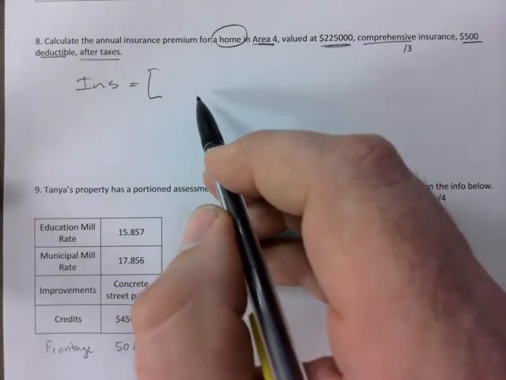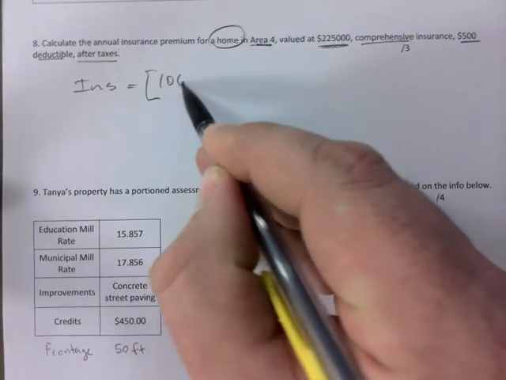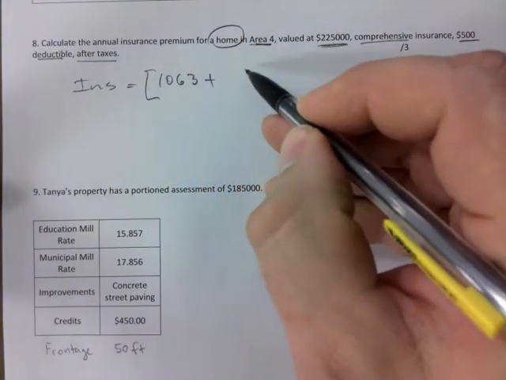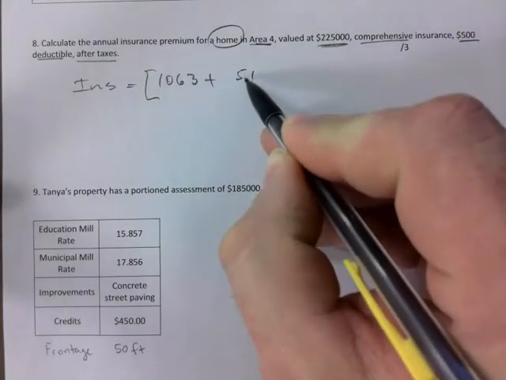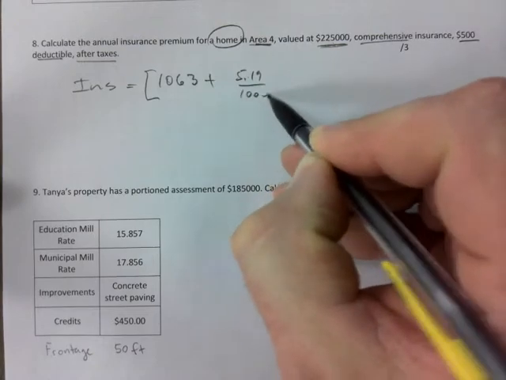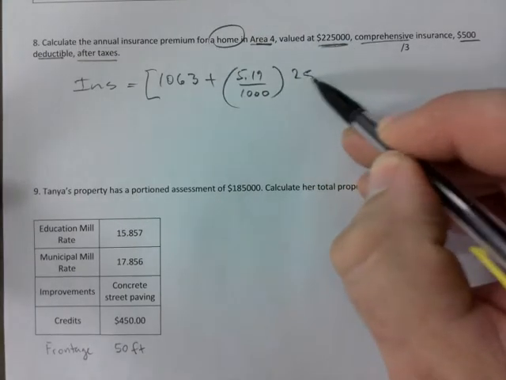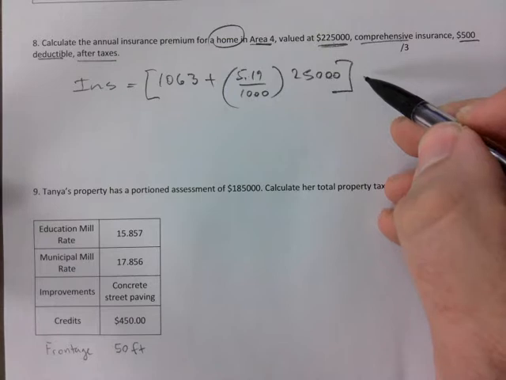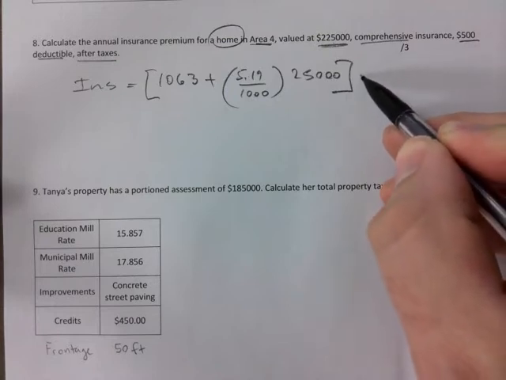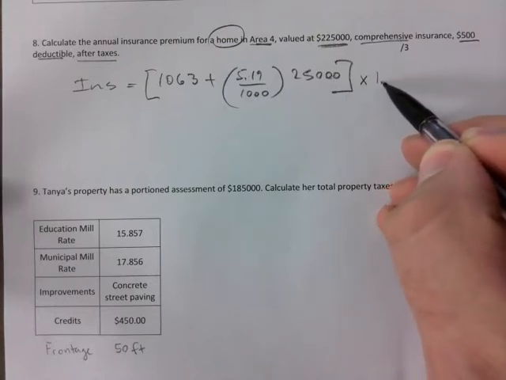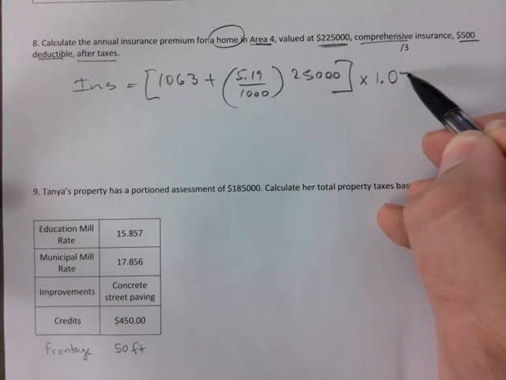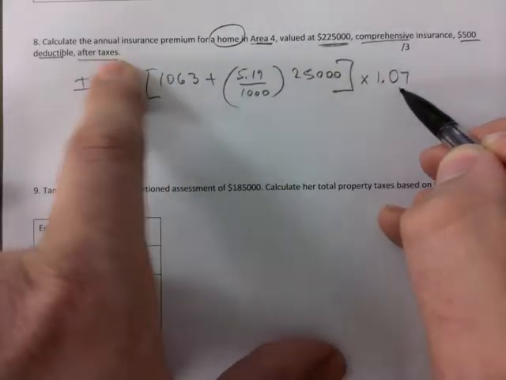Area 4, I go to area 4, comprehensive, 1,063 plus, I need to pay extra, right? Yeah, I went over. I went over by 25 grand. I want a $500 deductible, so I don't need to multiply by 1.10, but I do need to multiply by 1.07 because I want it after taxes.